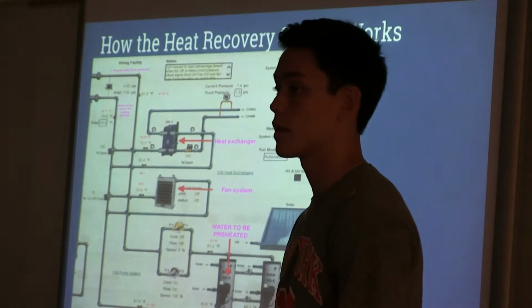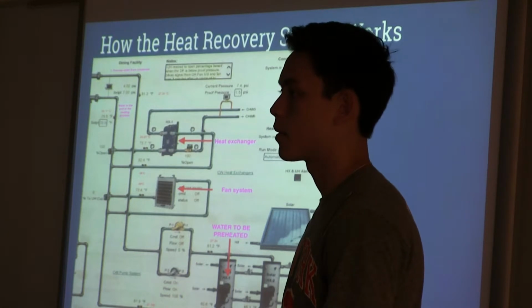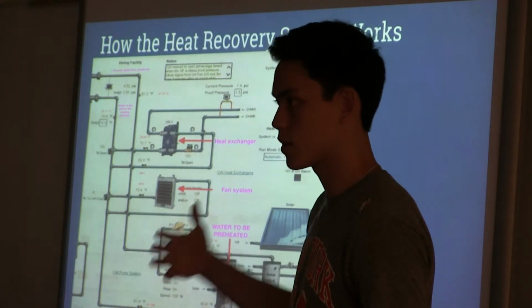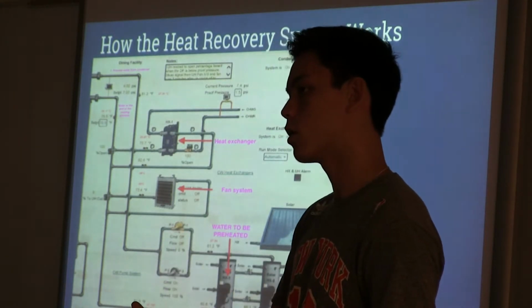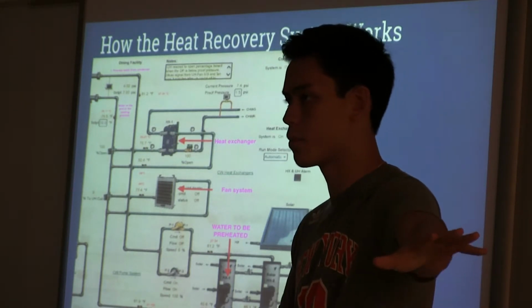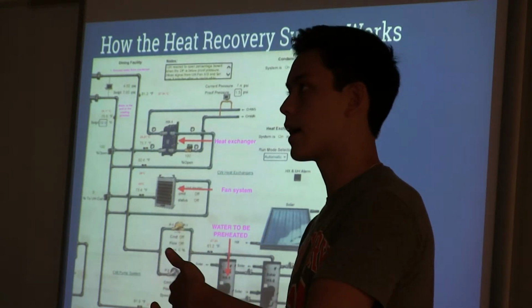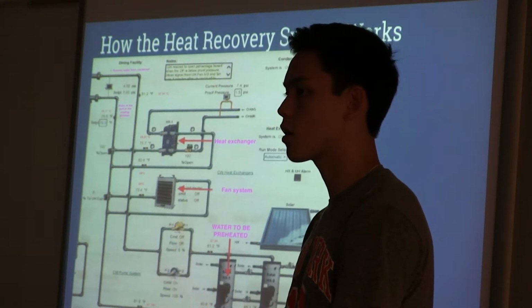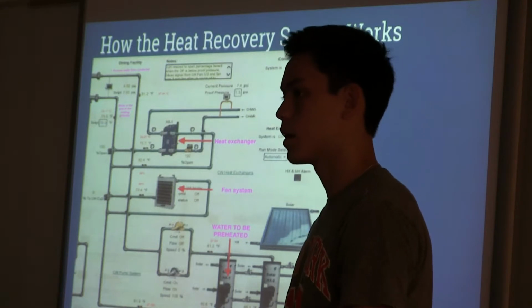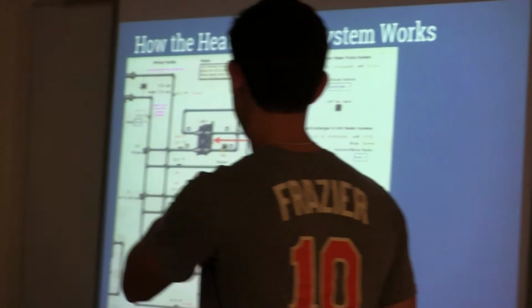But in the summer, obviously, the air is not very cold, so there's a heat exchanger, which takes the cold water from our cooling system, which is around the golf course. It's pretty far off campus, but that water is used to take some of the heat from the process water and exchange heat. It's pretty self-explanatory. And then that water goes back in to take more heat from the condenser.